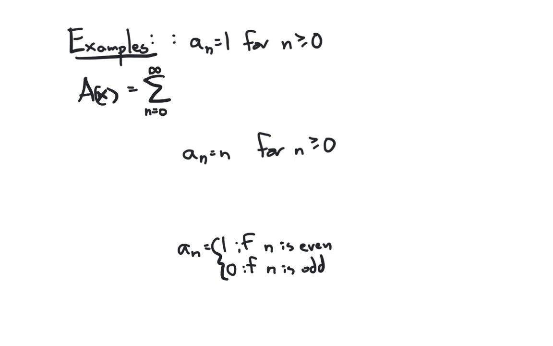And our A_n is 1 for everything, so it's just 1 times x to the n. And this is just our simplest power series, so we know that we have a nice algebraic expression for this: it is 1 over 1 minus x.